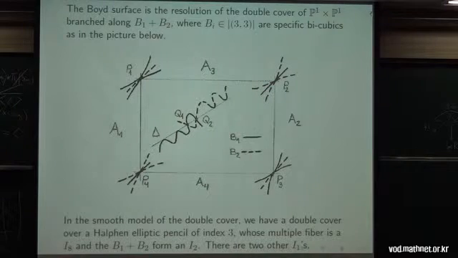And then this B1 plus B2 is going to be the branch curve for the double cover. This delta is a certain diagonal, so it belongs to (1,1). That intersects these B1 and B2 in that way. So you have tangencies, and then you cross twice, and then you have the same for the other.